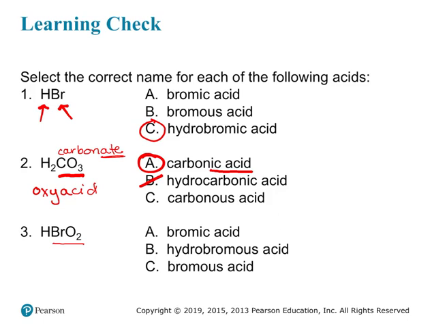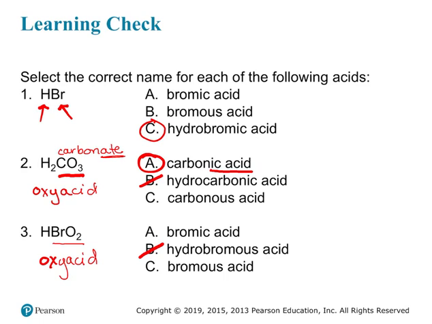This is an oxy acid. So we can already eliminate B because we're not going to use the prefix hydro. So now it just comes down to the ending. Do we use ic acid or us acid?